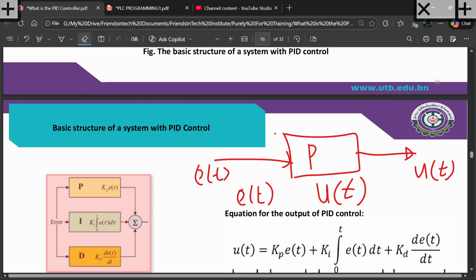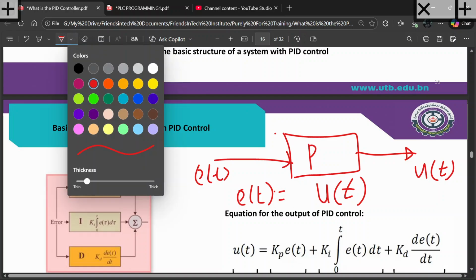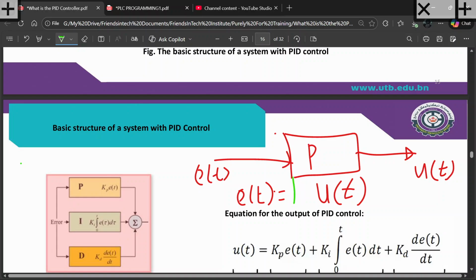So this equals Kp. So Kp is what is called proportional constant or proportional gain. So error signal is directly proportional to the output of the proportional controller.